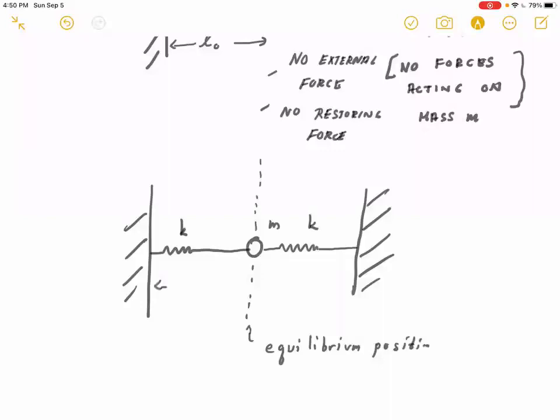And I'm going to define L naught, as I did before. It's going to be the distance from the wall to the mass, and the distance from the mass to the second wall.